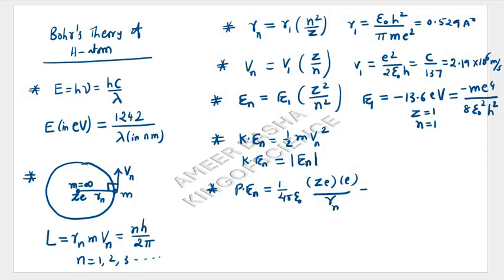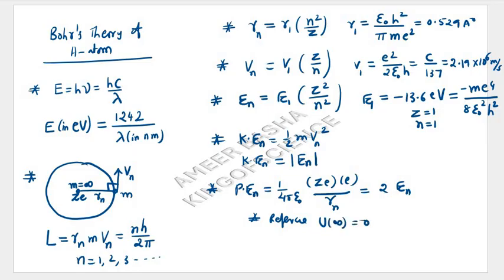If I substitute there, it comes out to be twice the total energy, and of course the potential energy is negative. Remember, here we have taken the reference potential energy at infinity to be 0.